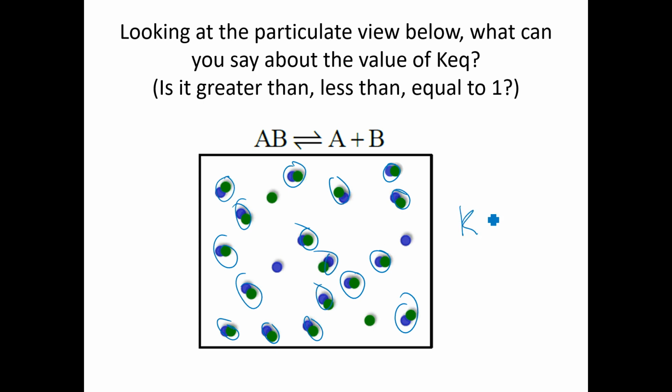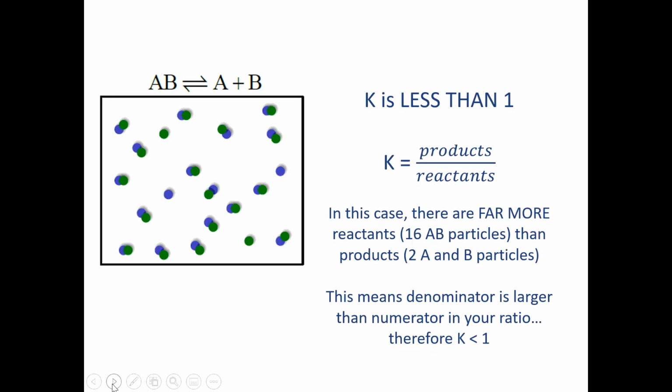So it looks like my K value is going to be much less than 1, because I have mainly reactants present in this equilibrium mixture. So different equilibria are going to have different K values. It could be greater than 1. It could be less than 1. You want to think about what that tells you.